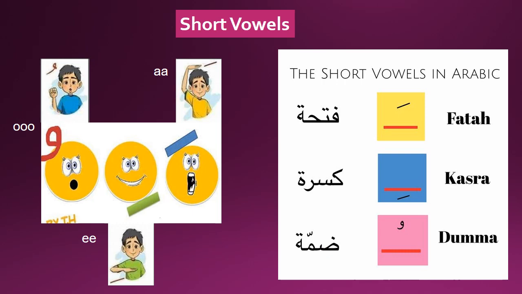Although their names appear different, their functionality is similar in both languages. This is for those from the Indian subcontinent. You call these zabar, zir, pesh. You can use whichever you are familiar with, but there are Arabic names for these: fatha, kasra, dhamma.